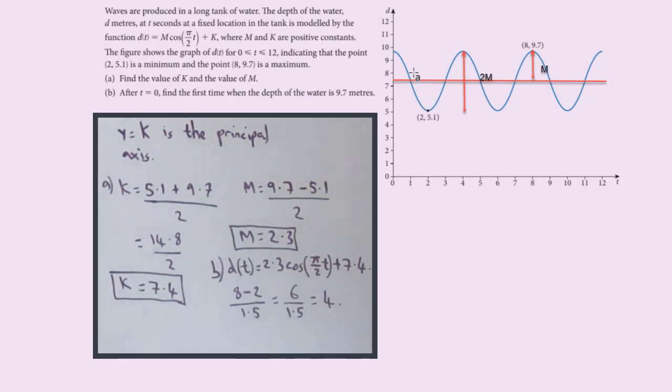Another thing we could have done is work out the period using what we were given. We were given the pi by 2. You remember, for sine and cos, period equals 2 pi over b, in this case b being the number in front of the t. So period equals 2 pi over pi over 2, which is the same as 2 pi times 2 over pi, which is 4.